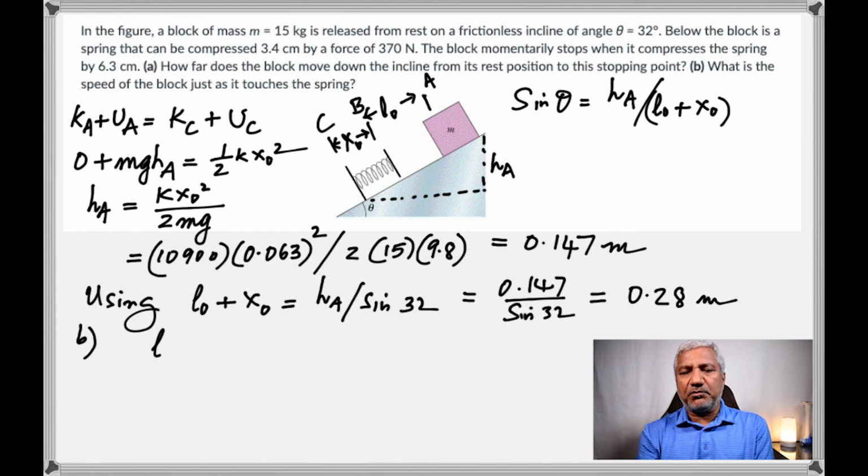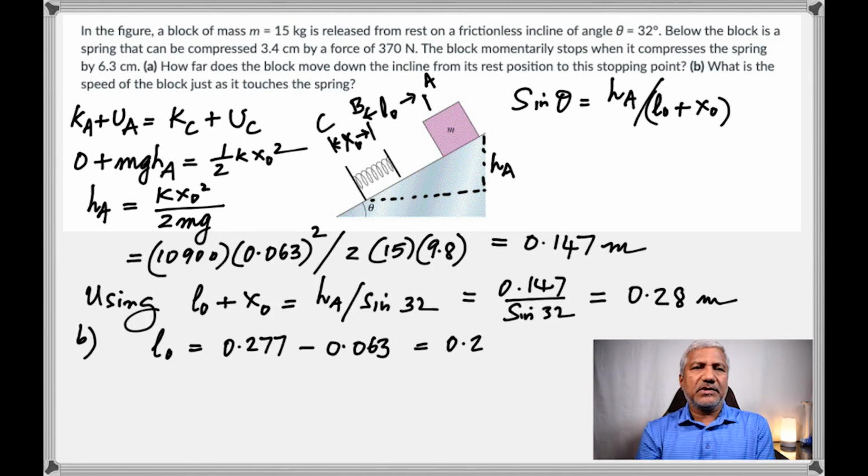So let's move on to the B part. What is the speed of the block just as it touches the spring? So L0 is 0.277, which was before rounding off. I rounded it off to 0.28. So from that we got L0, that's the distance that it moved down.